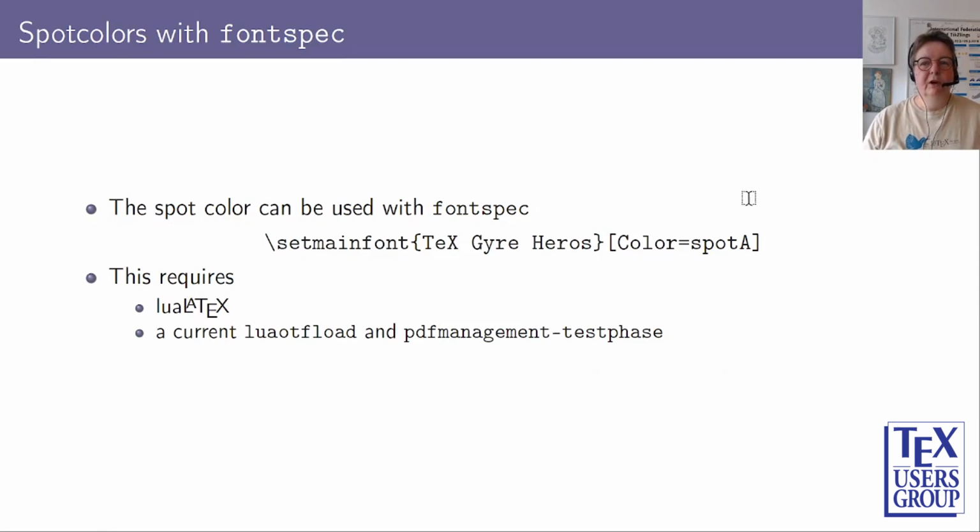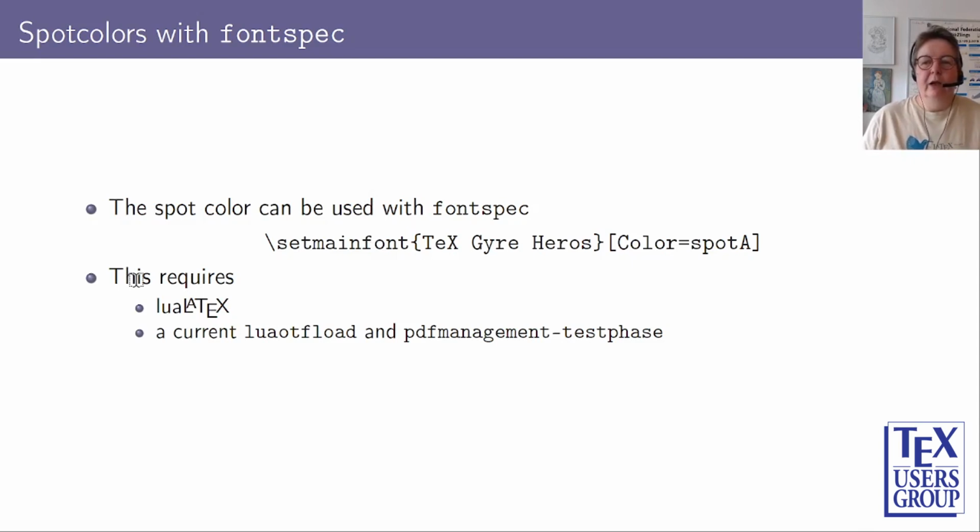Spot colors with fontspec. One example in the companion set showed how to set the font color. Sadly, we realized that this color is RGB. This is rather fixed inside fontspec, and it was not what we wanted.